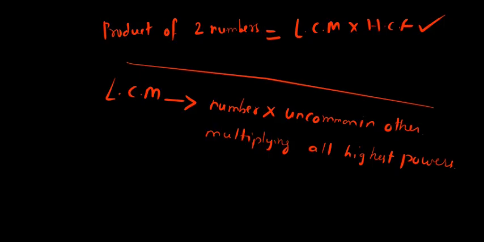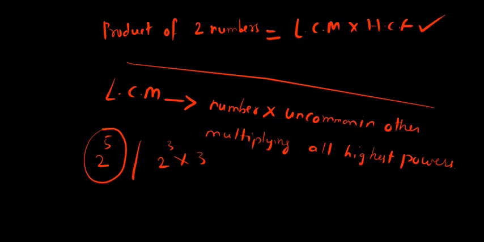If 3 square and 3 are there, then 3 square is the highest one. So that we will multiply. So 2 power 5 into 3 square becomes the LCM. Multiplying all highest powers. Why we take highest powers there? First one, for example, 2 power 5, 2 cube into 3. Here the highest power 2 power 5 contains 2 power 5 into uncommon in 2.